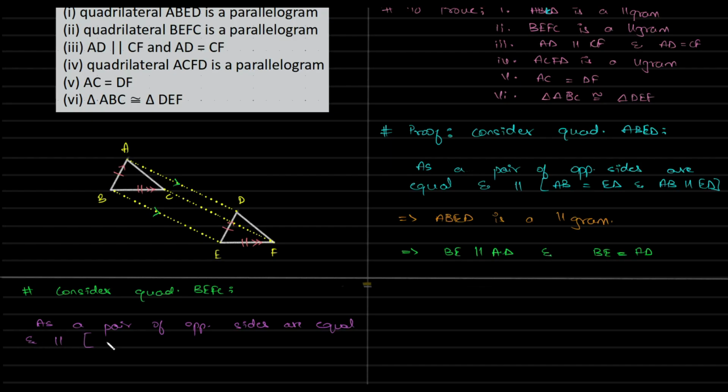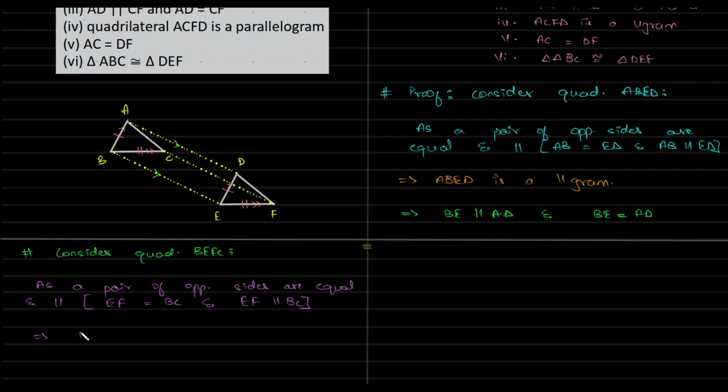We have that side EF is equal to BC and EF is parallel to BC. What can we conclude? This implies BEFC is a parallelogram.